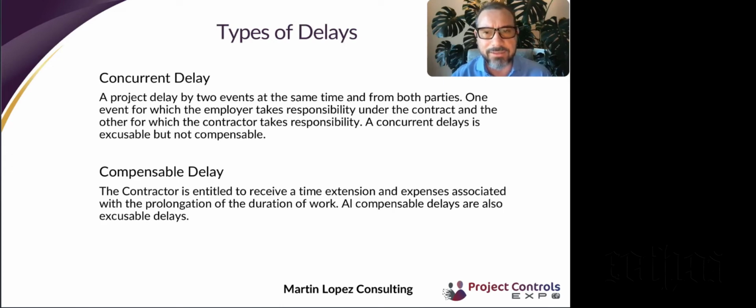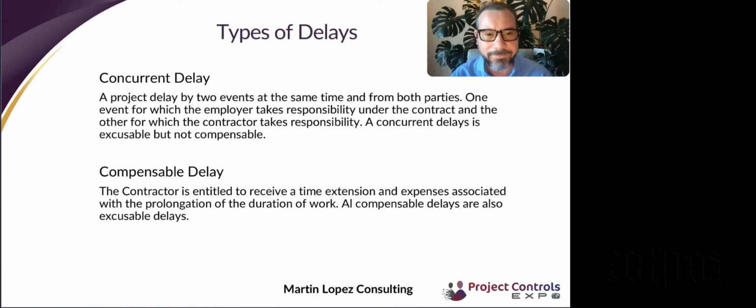And so these delays are happening concurrently at the same time. In this case, these delays are not compensable, but are excusable for time, meaning that there is a time extension to the project, but there is no monetary compensation in such a case.